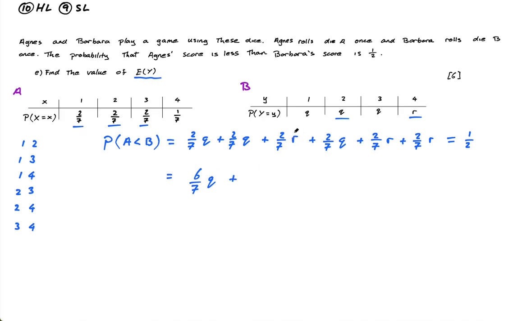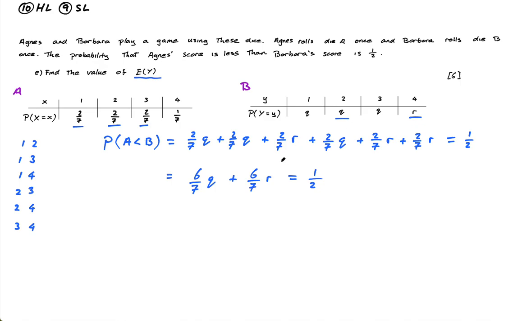And we'll do the same for the Rs. 2R plus 2R plus 2R is 6/7 R. And this equals a half. Now I could simplify this a little bit more.